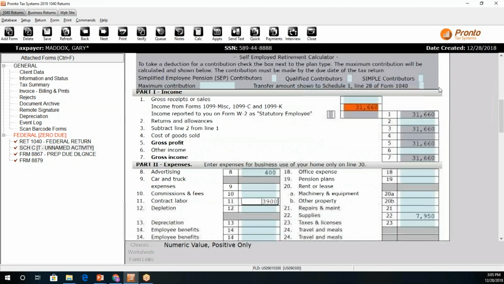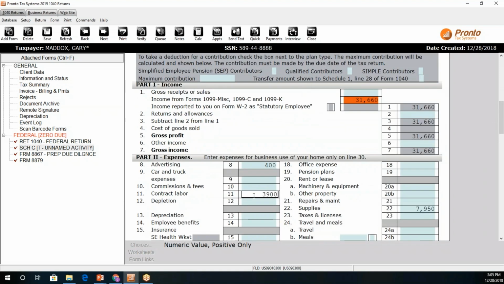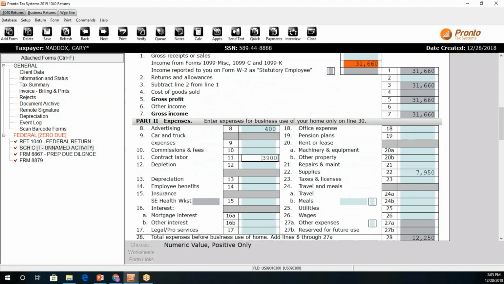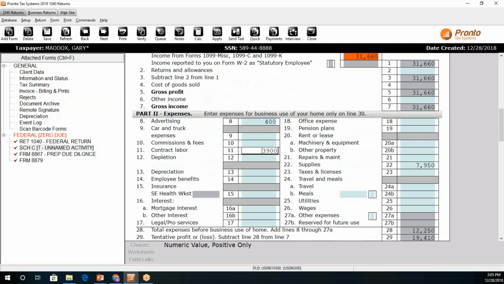Okay, but generally, technically, or IRS-wise, tax-wise, he should have issued 1099s to his contract labor. Unless, of course, he had 39 contract labor people and only giving them $100 each. Okay? Then he, of course, is not subject to issuing a 1099.